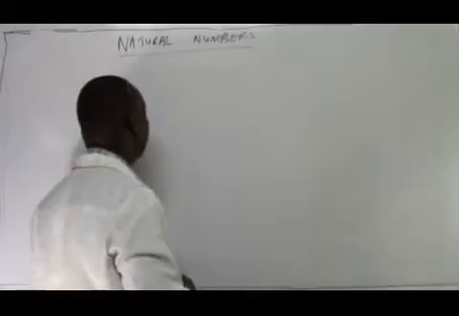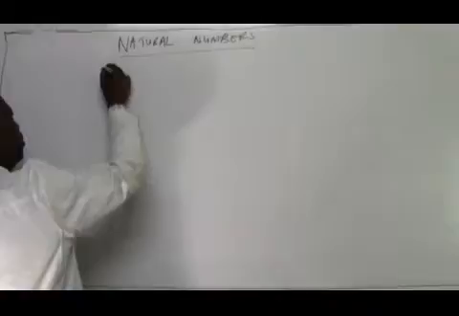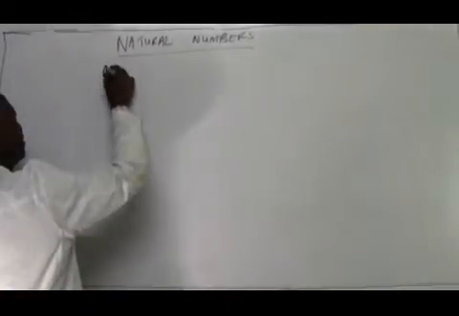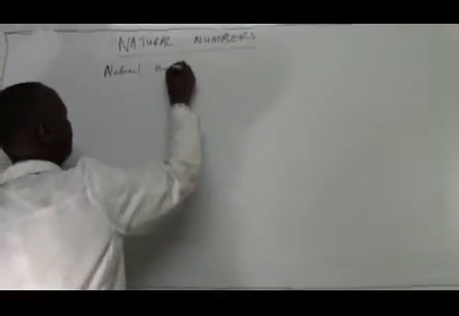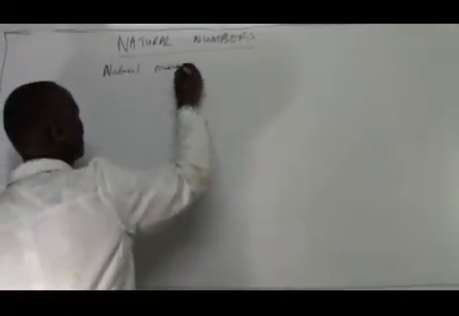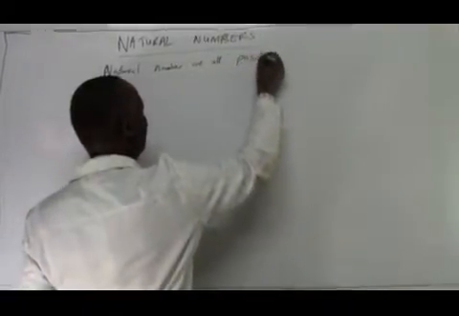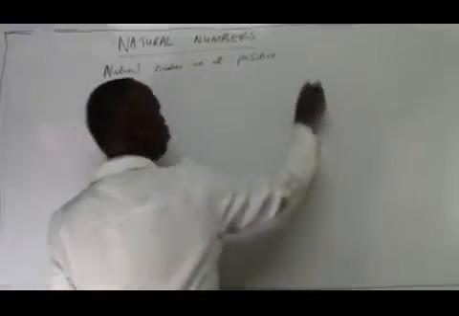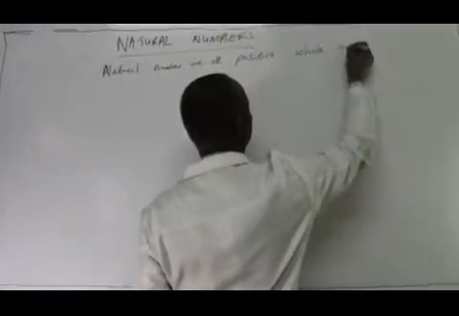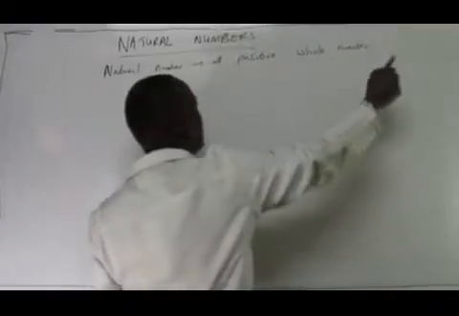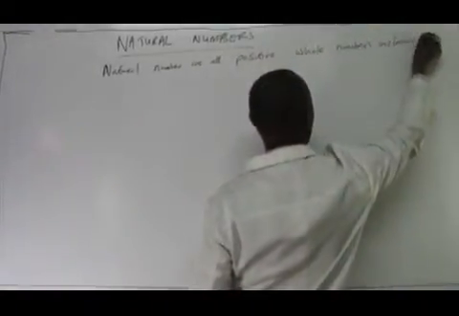So the natural numbers are all positive whole numbers including zero.